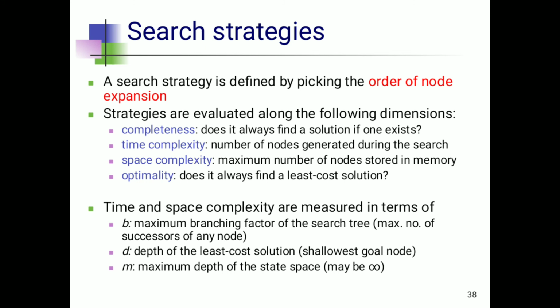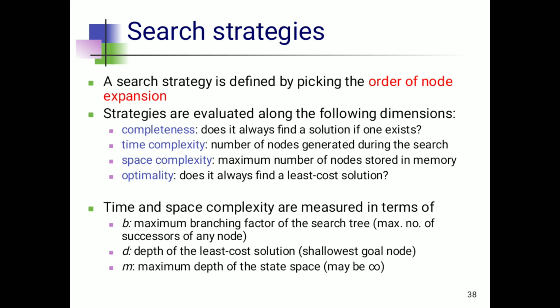Then space complexity is the maximum number of nodes stored in memory. Whenever we execute any search strategy, we explore a number of nodes, and we need to store these explored nodes somewhere. So the maximum number of nodes that must be stored in memory until we find the solution is represented by the space complexity.